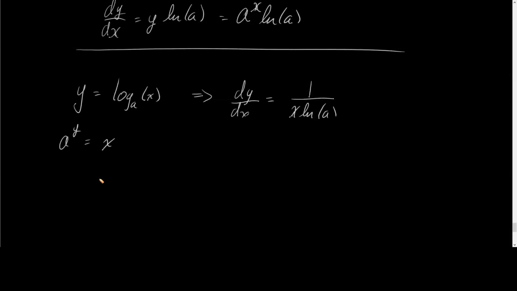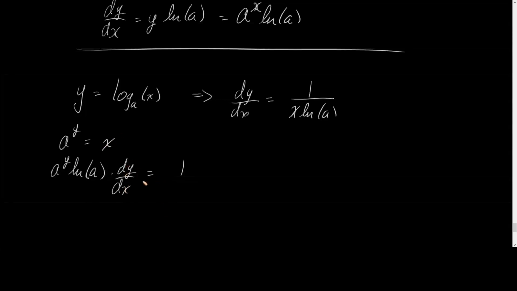And now taking the derivative of both sides. Well, I know what the derivative of a to the y was. I just did that up over here. So we're going to end up with a to the y times ln of a. And then by implicit differentiation, I took a derivative of something that involved y, so I had to multiply by dy dx, and that's going to be equal to 1, right? The derivative of x is just 1.